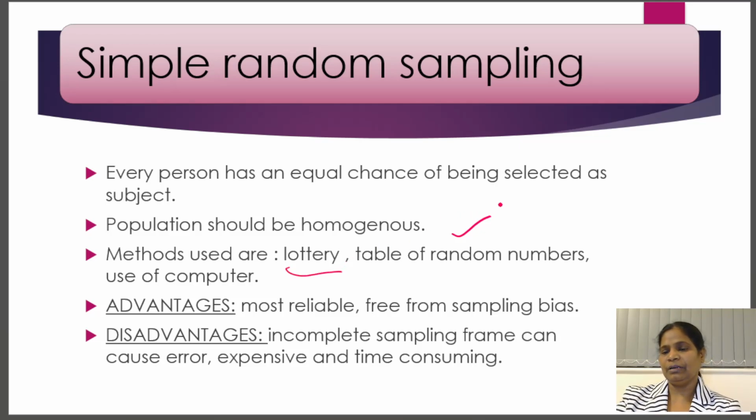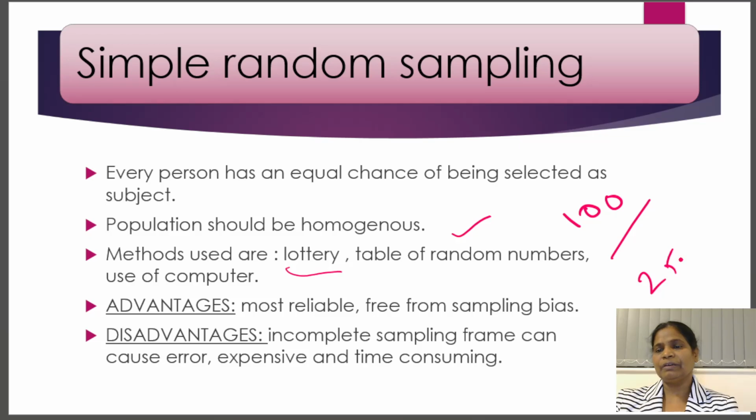I think while I was explaining randomization, I explained that the lottery method can be used. Suppose there are 100 students in a class, and we want a sample of 25 of them for a study, maybe research on nursing students regarding stress and anxiety levels.